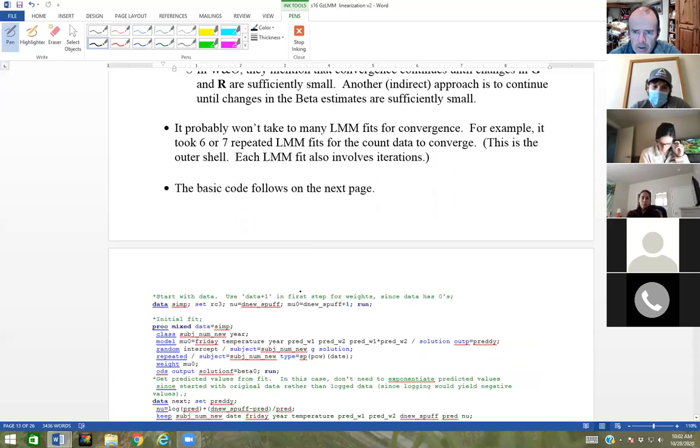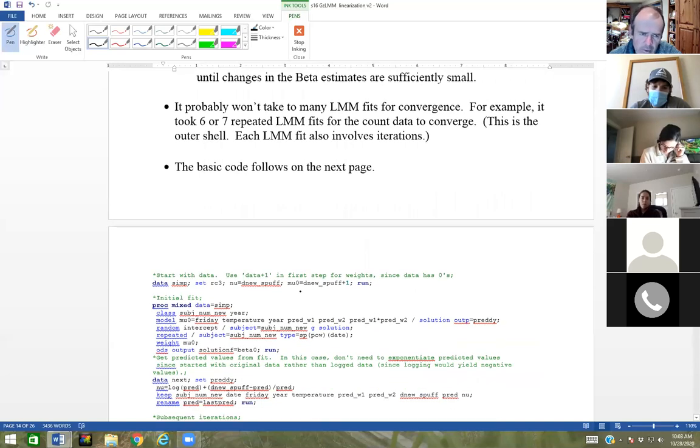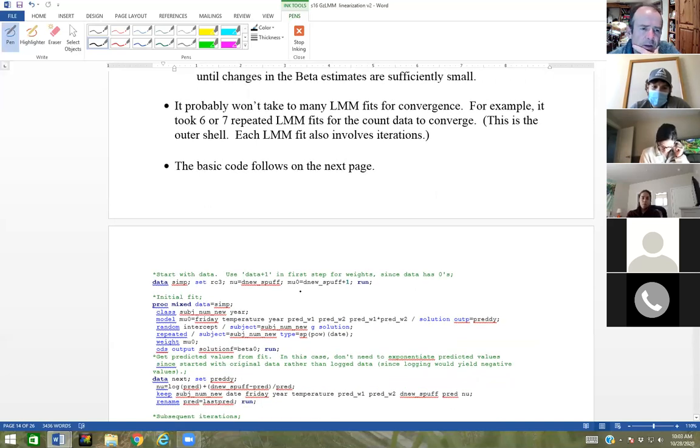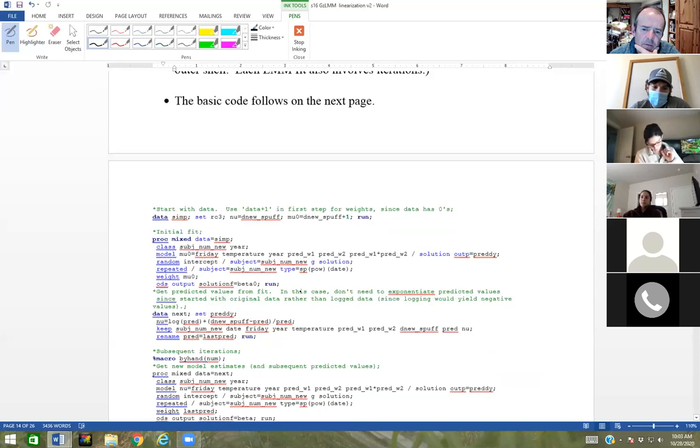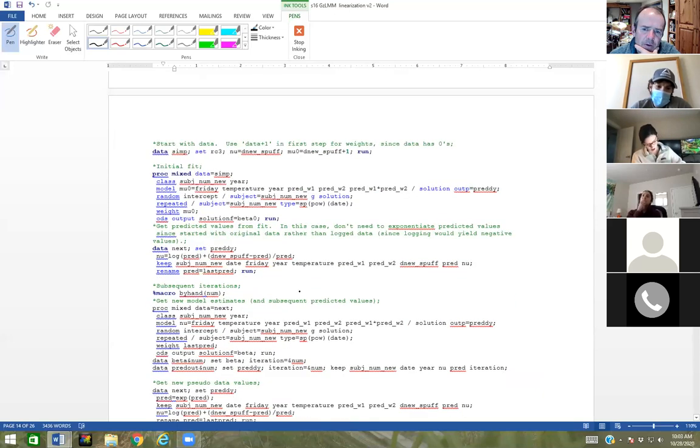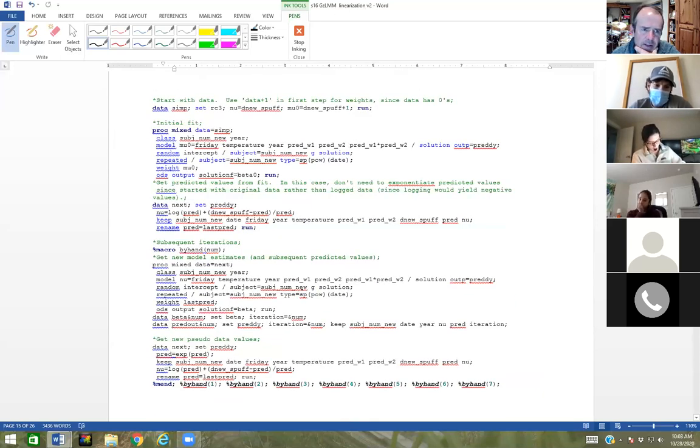So we can use PROC GLIMMIX to do this, but because of the data that I had, I wanted to see how GLIMMIX actually worked. I wanted to actually do it myself. And there were real reasons that I had to do this, which I can explain later, but I basically wanted to write this algorithm more from scratch.